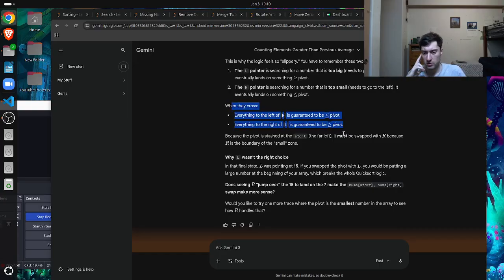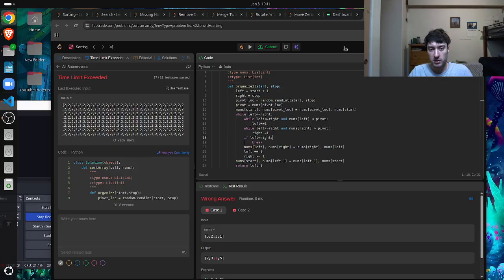So in the final state, L was pointing at 15. You swapped it with... So I need to... Okay, I'm trying to figure out how I can move forward with this problem because I've been trying to do it for a long time. Technically, I was able to get one of them, right?